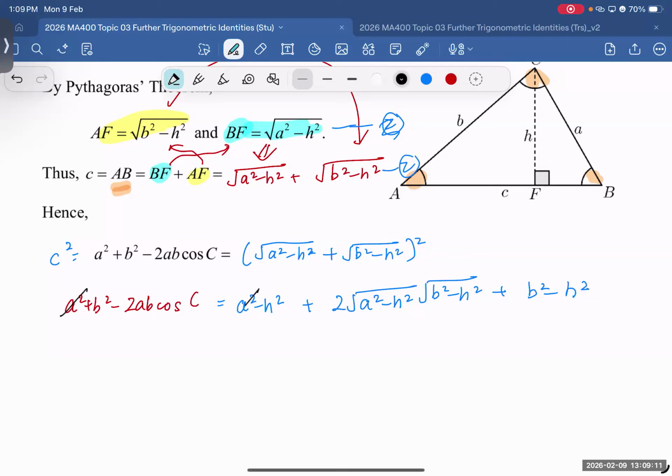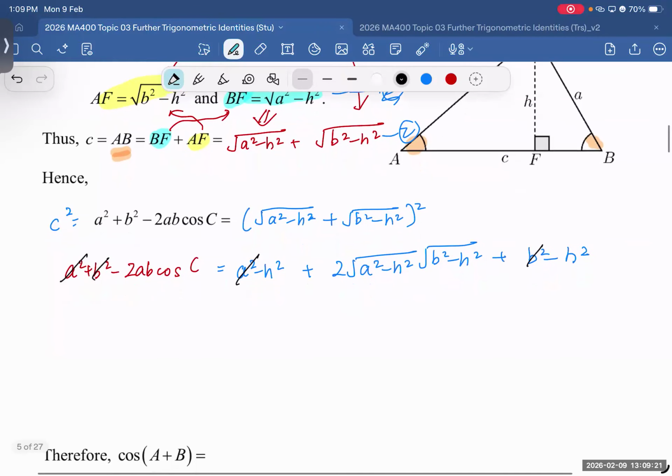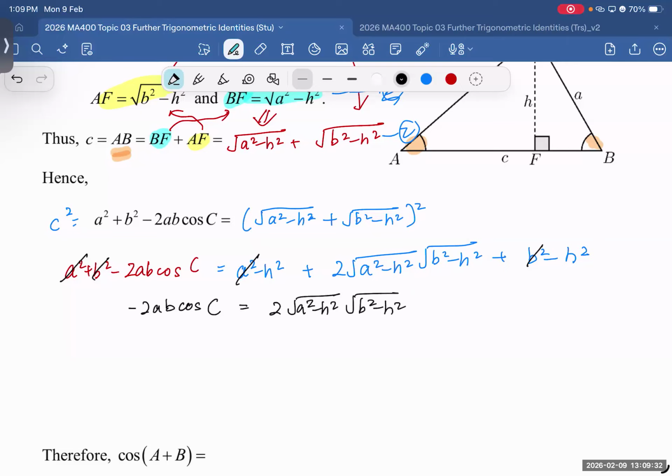A squared can cancel. B squared can cancel. Follow me. Okay. So now I write again: 2 times the square root of a squared minus h squared, times the square root of b squared minus h squared, minus 2h squared.